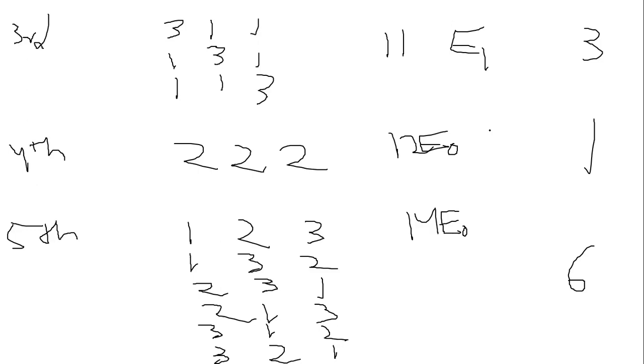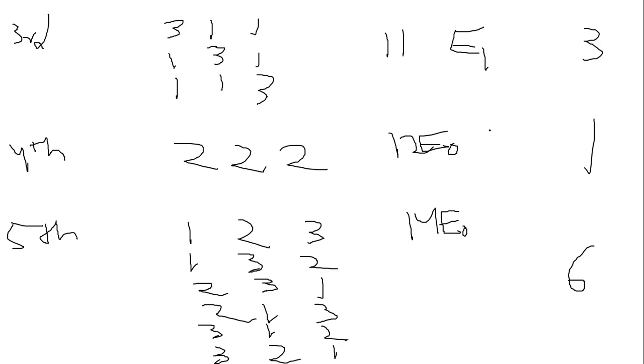And for the fifth excited state, it will be 14E1, and the degeneracy will be 6, because all the values of Nx, Ny, and Nz are different, that is 1, 2, and 3. So from 1, 2, and 3, there are 6 different combinations. So the degeneracy will be 6.